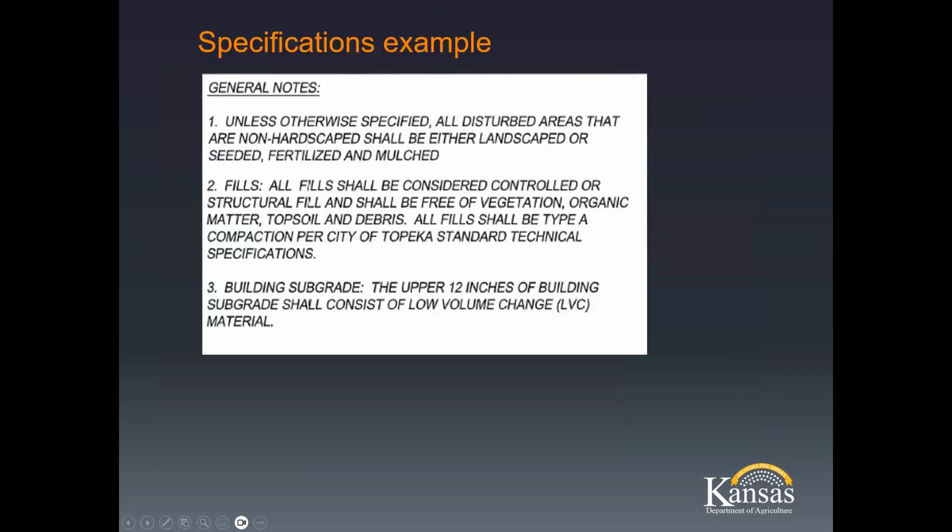Specifications just tell us what kind of fill you're going to use and how you're going to compact it. These people use the city of Topeka's compaction specifications, which is fine because we can look it up.